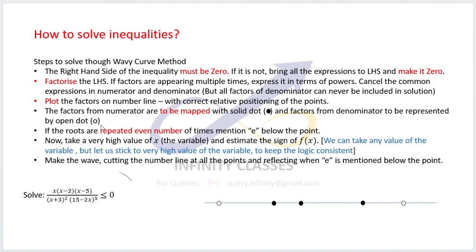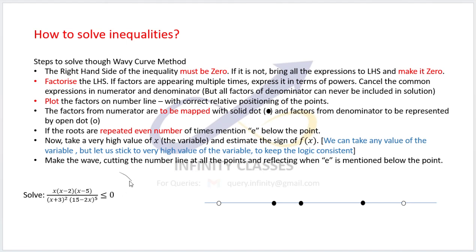In the second step, factorize the LHS, and if the factors appear multiple times, express them in terms of powers. In this particular case, as you can see, x plus 3 is repeating 2 times. So I have not written it in the expanded form; I have written it as x plus 3 whole squared.